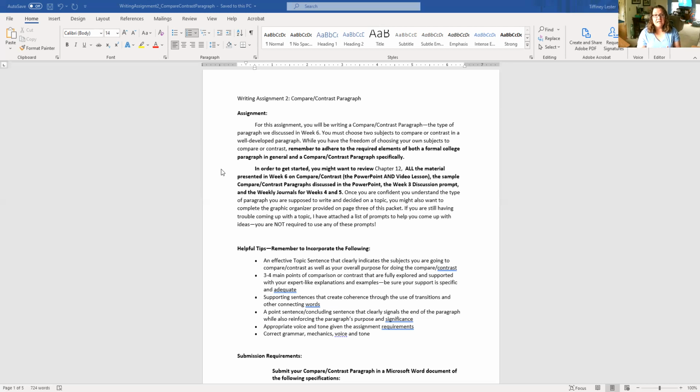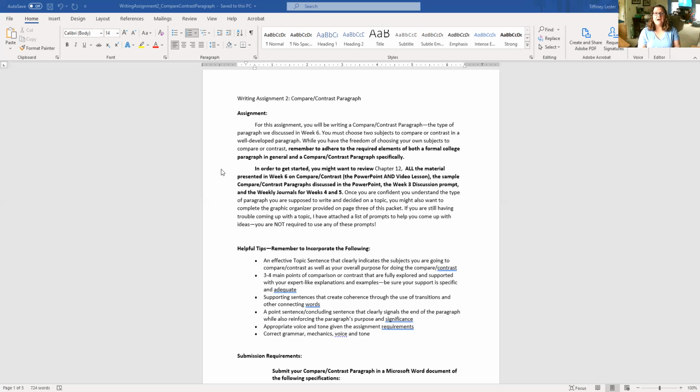If you remember from the lesson this week, you don't want to just randomly look at similarities and differences. There has to be some sort of guiding purpose. You really want to focus on one or the other, right? So make that clear in your topic sentence.